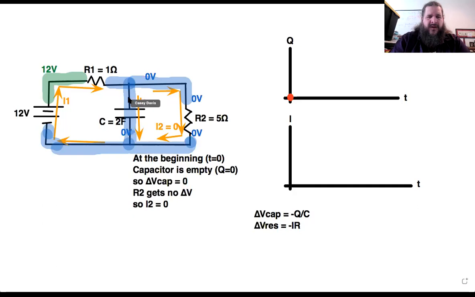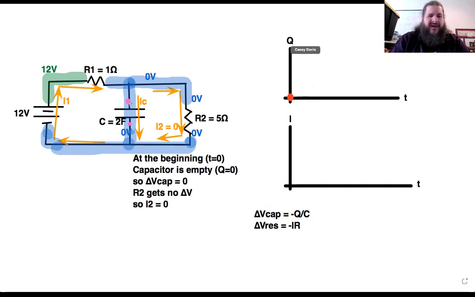If you compare the points right before and right after the capacitor, so essentially what we're comparing here is this point and this point, the difference in voltage between those two locations has to be delta V capacitor, or negative Q over C. But since the capacitor is uncharged, the difference in voltage is 0, since the charge is 0.